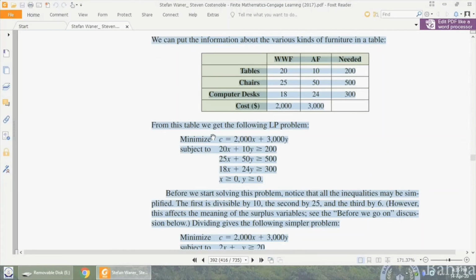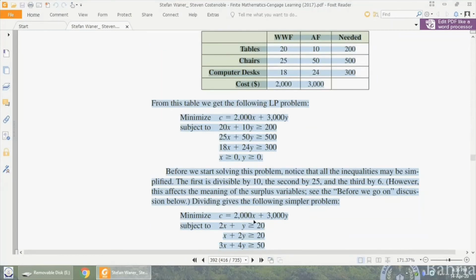And before that, we also have to simplify like we did in the last lecture. If you have gone over the previous one, you will see that if there's a common divisor, we can simply divide. Here we can divide by 5: 5, 10, and 100. So 5 ones are 5, so we have x, 5 twos are 10, so it's going to be 2y, and 5 twenties are 100, so it's going to be 20.